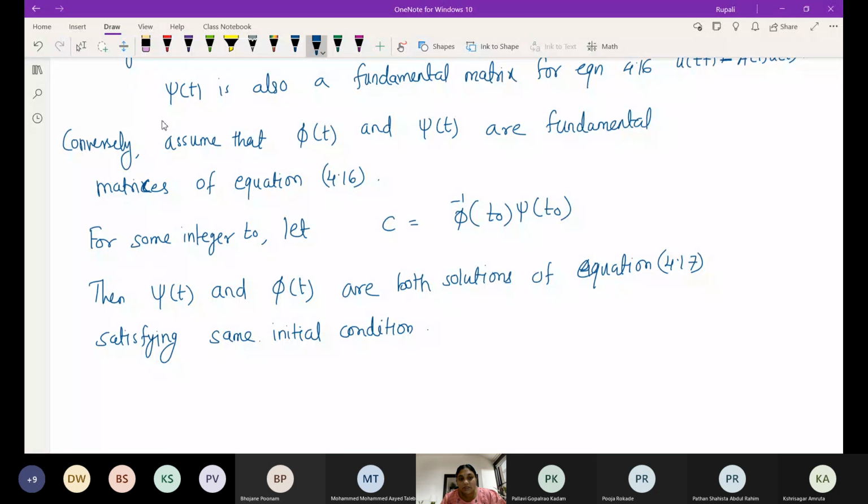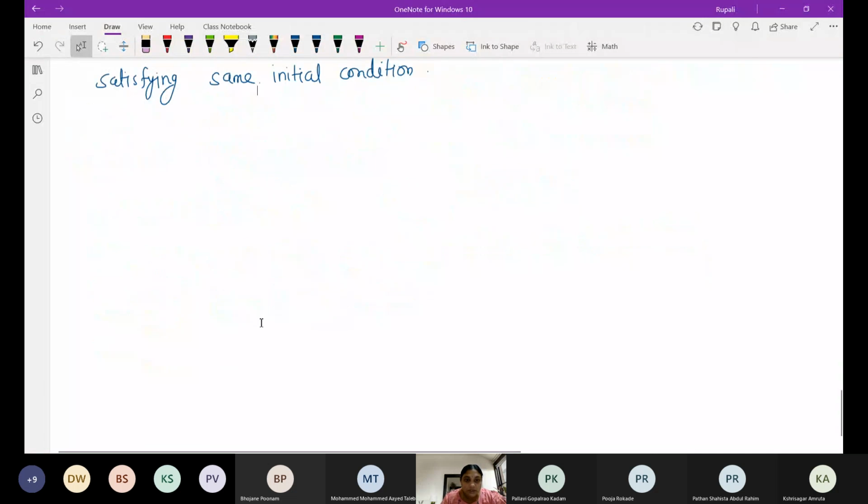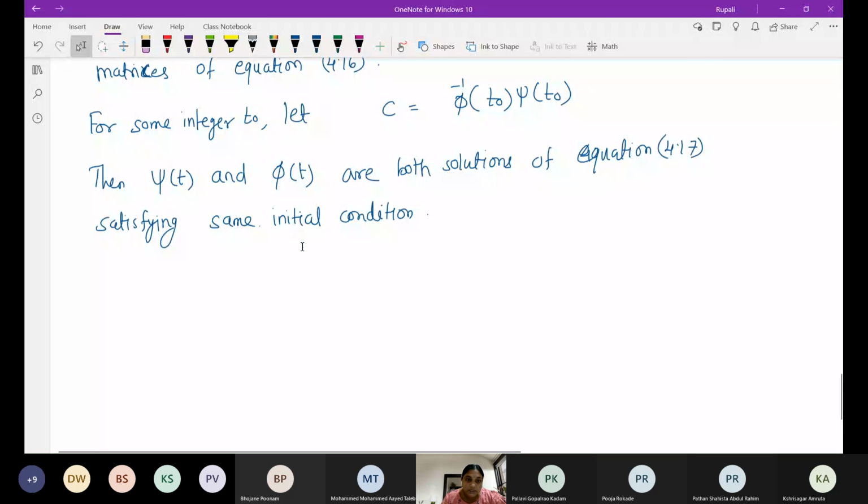We are considering now for some integer t0, say C is equal to phi inverse of t0 into psi of t0. Then by uniqueness, if both are solutions of the same equation with same initial condition, so what can I say? Phi t must be equal to psi t because there exists a unique solution, right? So by uniqueness, what is psi t?